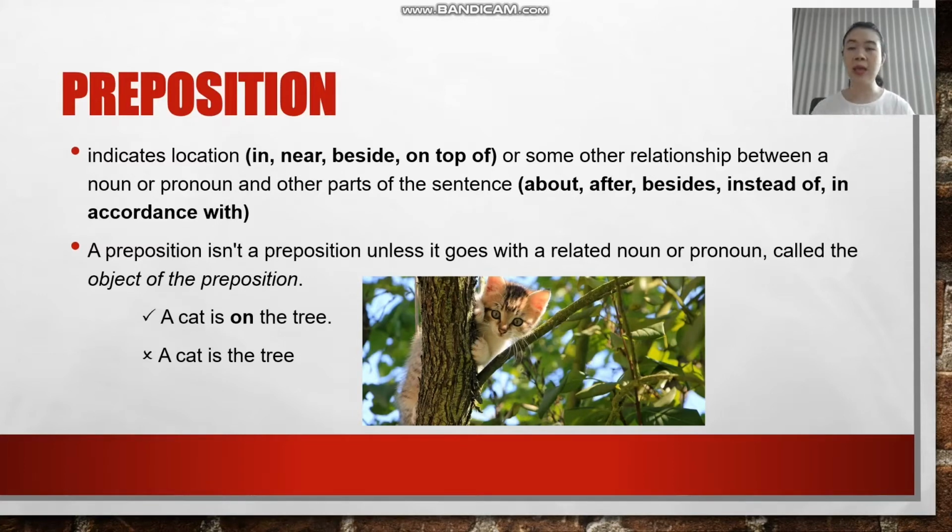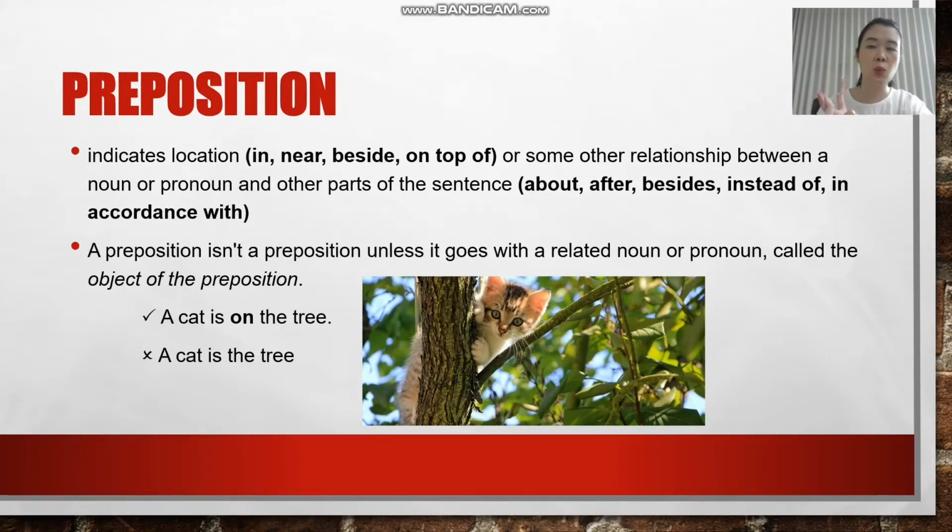Alright, let's see. A preposition isn't a preposition unless it goes with a related noun or pronoun. That is called the object of the preposition. So can you remember when we discussed the object? I mentioned earlier about direct object, right? Indirect object.